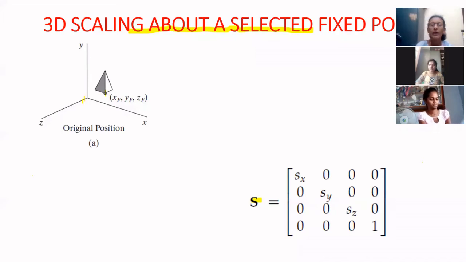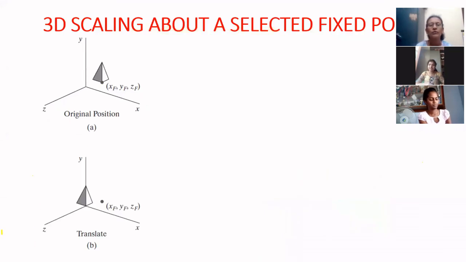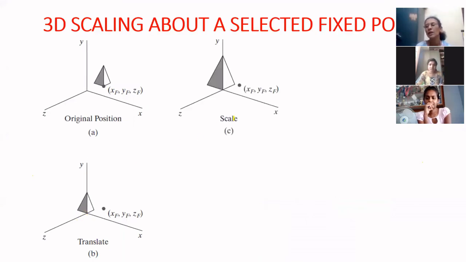That is done by translation. So first we translate the object so that the fixed point Xf, Yf, Zf is now placed at the origin. Now we apply the scaling matrix S, and we get the scaled object, which has been enlarged.